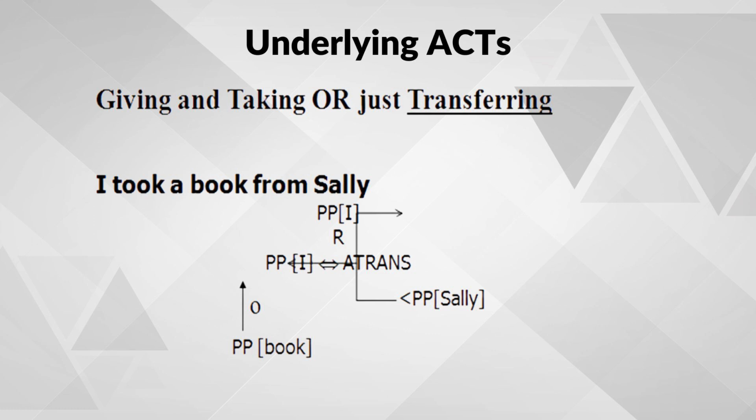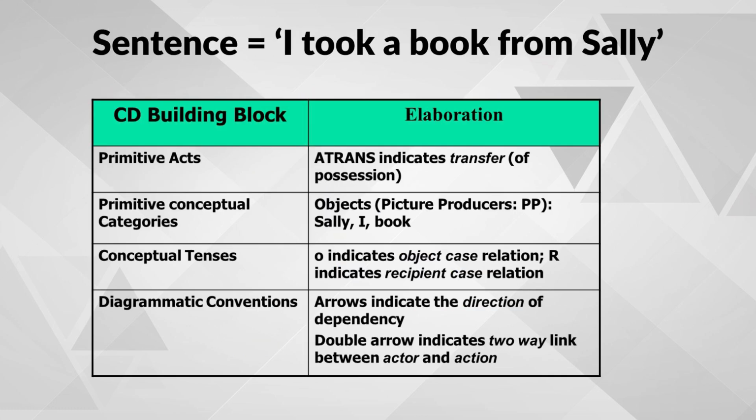In this sentence, the underlying act can be described as taking, where I is the one performing the action of taking and the object being taken is a book. Additionally, the source or origin from which the book is taken is Shelley. This sentence represents the transfer of ownership or possession from Shelley to the speaker I.